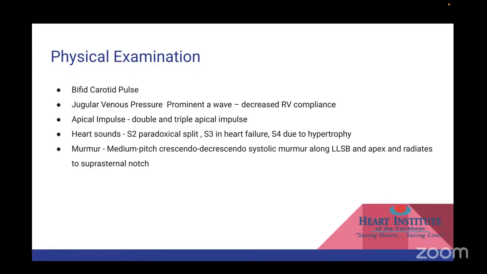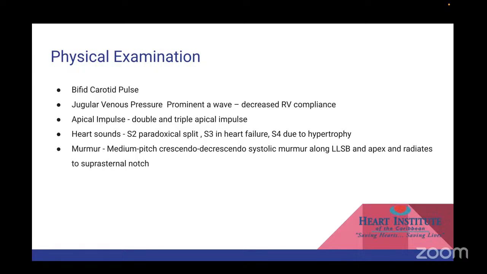For patients with heart failure, who develop heart failure secondary to HCM, you can have an S3 heart sound, and the hypertrophy can result in an S4 heart sound. So for the murmurs that you can hear, there's a medium pitched crescendo-decrescendo systolic murmur along the left lower sternal border and apex, and it radiates to the suprasternal notch. This murmur is similar to what you would hear in aortic stenosis.